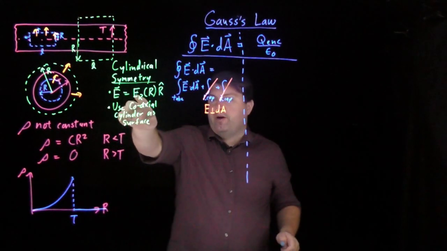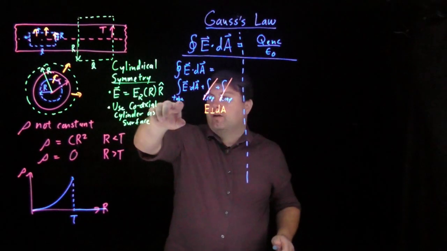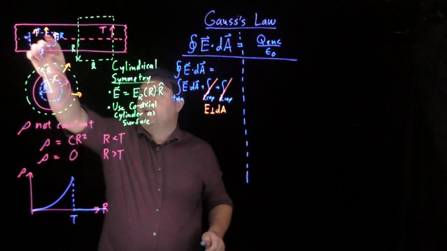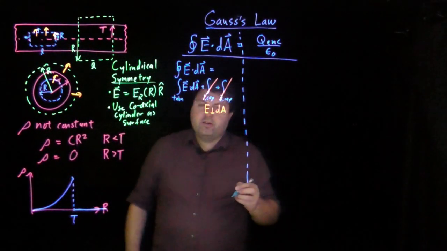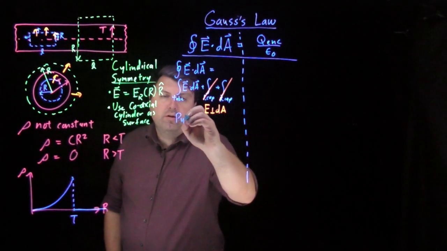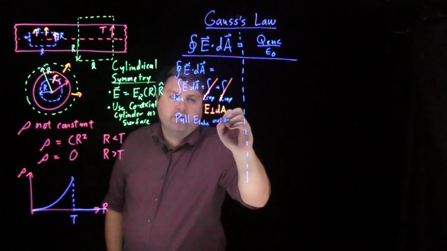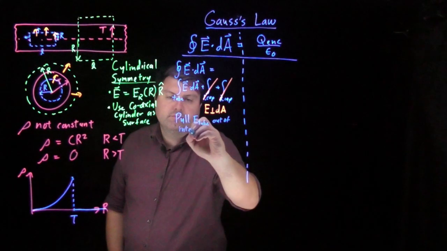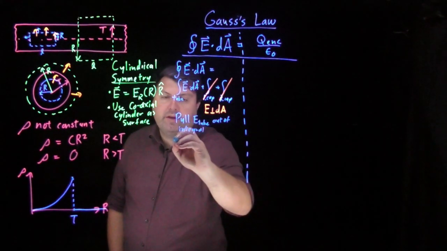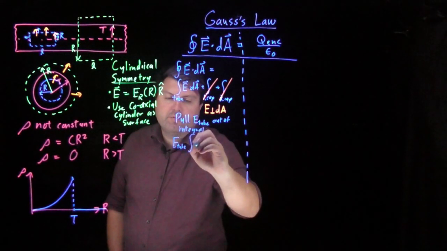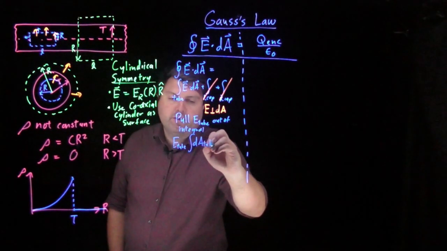And then if we are a function of r along this tube, our radius doesn't change, so we can pull the electric field over the tube out of the integral, and then we get E of the tube times the integral of dA of the tube.